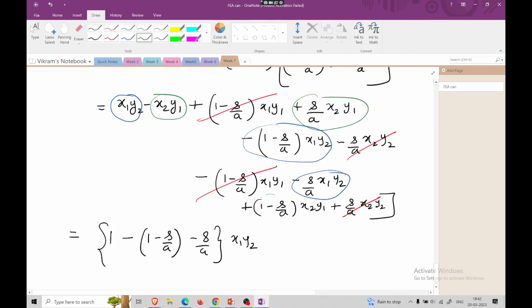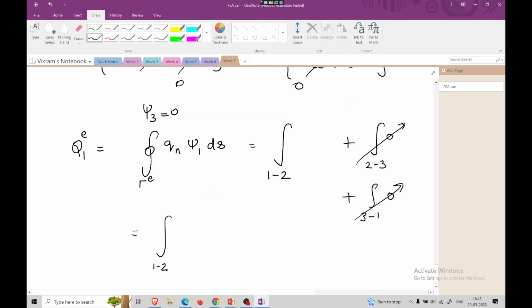Integration along the edge 1 2, it will be Q0. My Qn is nothing but Q0, which is given here. So if you see the question also, my Qn is nothing but Q0. So my Q0 into psi 1. Psi 1 we just calculated. The psi 1 was 1 minus S by A. Correct?